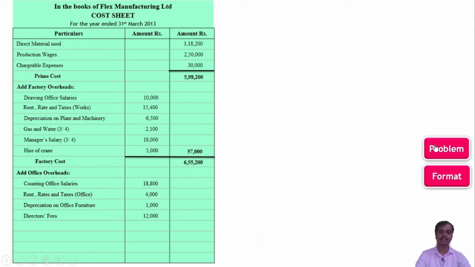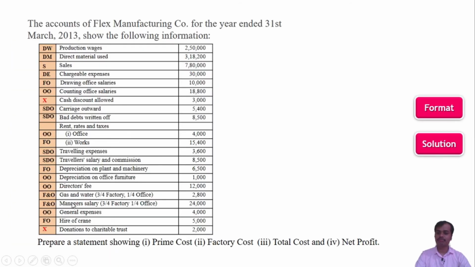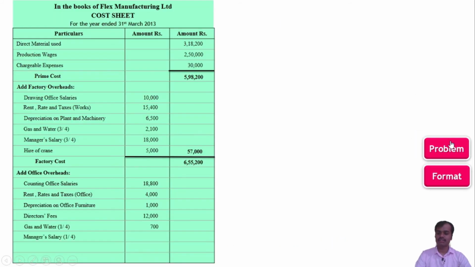Let's take gas and water 1/4, that is 700. Next item is manager's salary. Manager's salary is 1/4 for office. 1/4 of 24,000, if we calculate it, we will get 6,000. Next we will add manager's salary 1/4, 6,000.